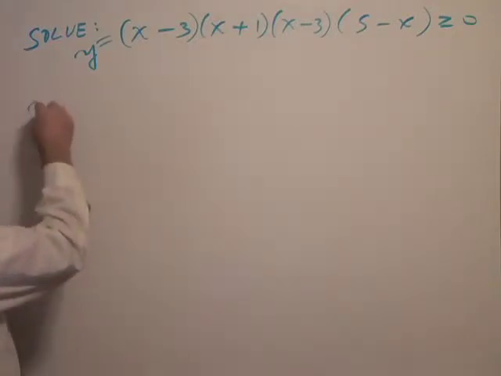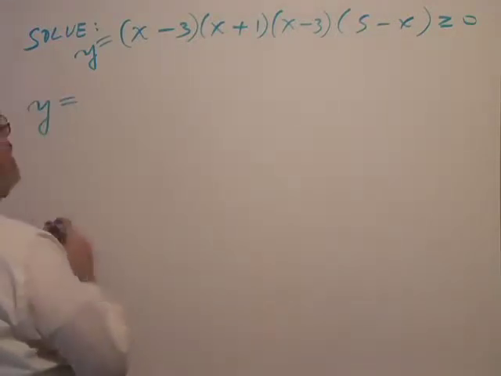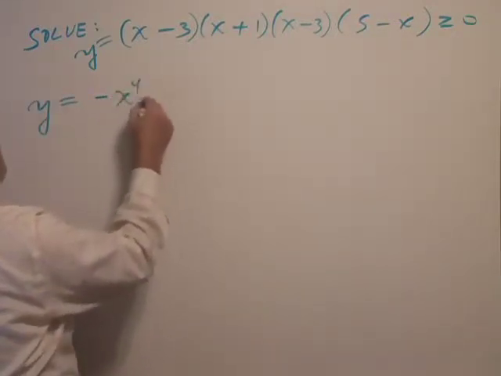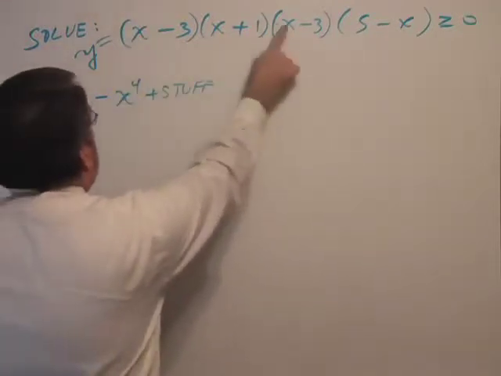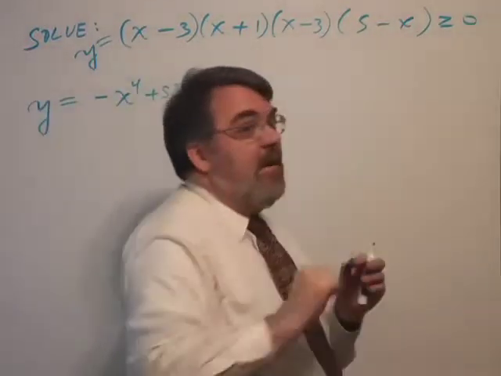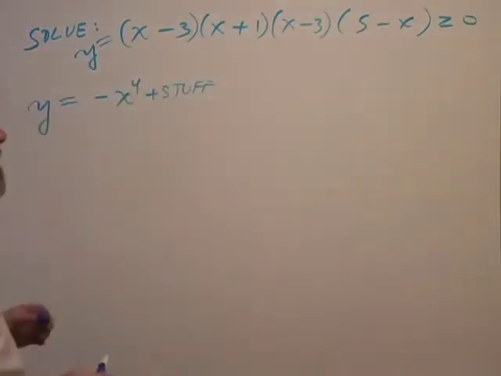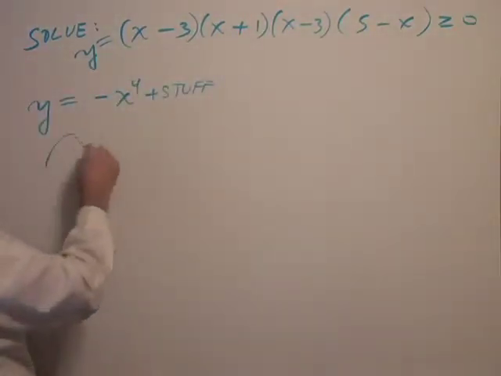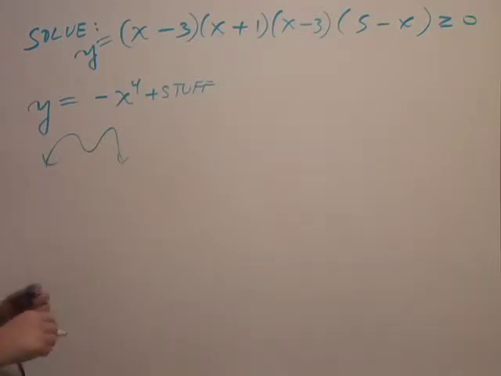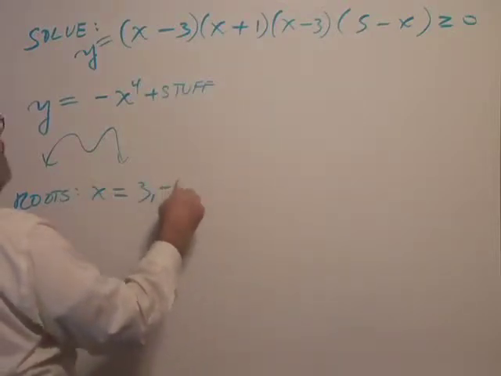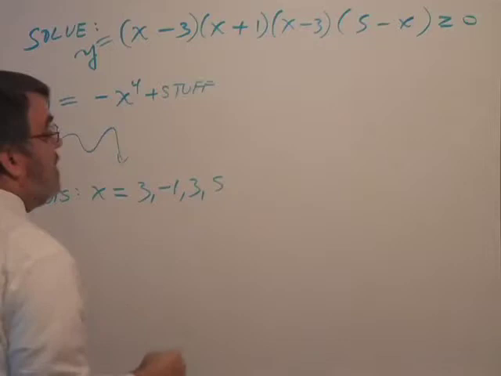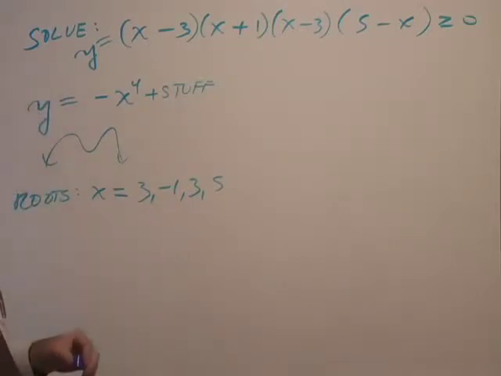If I did, y would be −x⁴ plus stuff, because we have x times x times x times negative x. That means it's a fourth degree polynomial. It's upside down, shaped like an M. And the roots are x = 3, −1, 3, and 5. So we have a repeated root there.